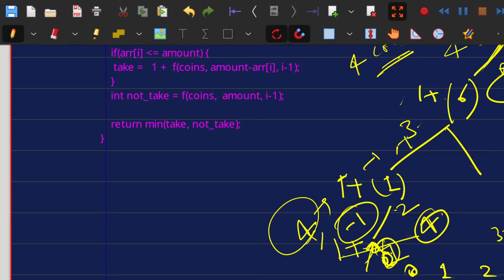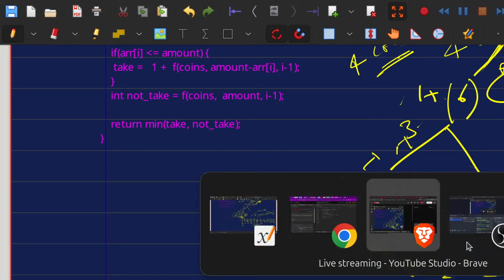So yeah, it will make 2, 1 plus 1 is 2, right? Then 5. Can I make this 5? Yes, I think, like this and like this. Okay, I think I found the memorization in here. So let's go for this coding.